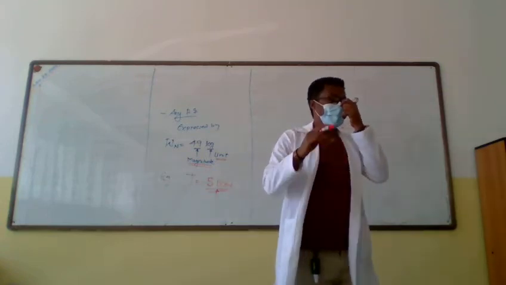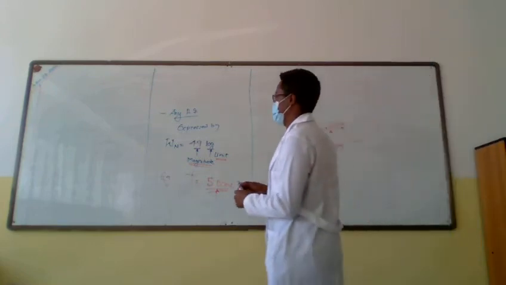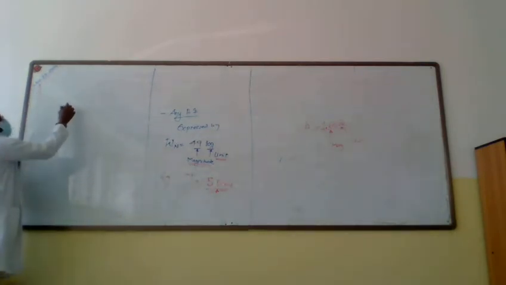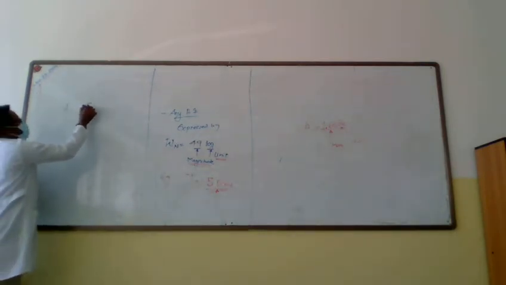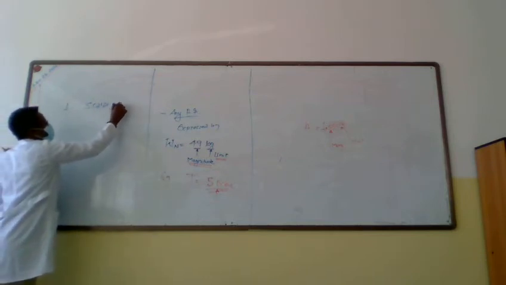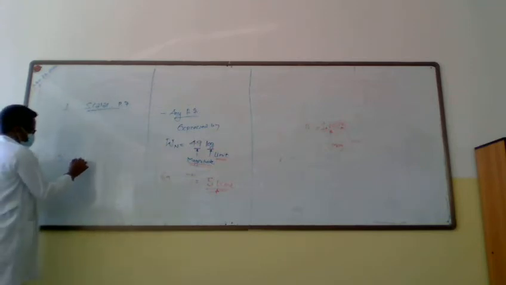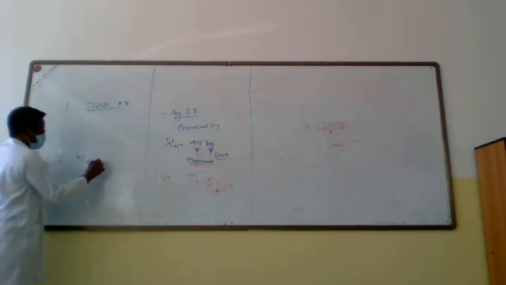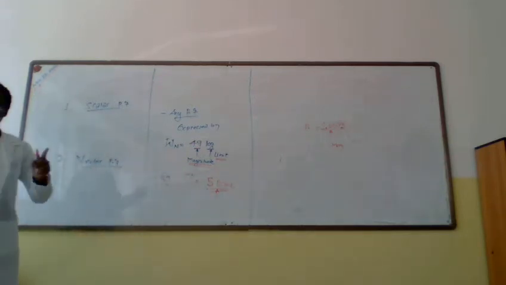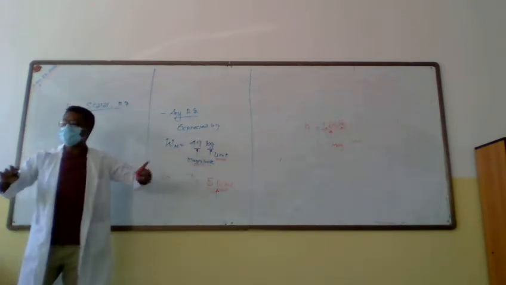So it's very important. Physical quantities are classified into two basic groups. The first are called scalar physical quantities, and the second are called vector physical quantities. Scalar physical quantities are expressed only by their magnitude and their unit. Simple.